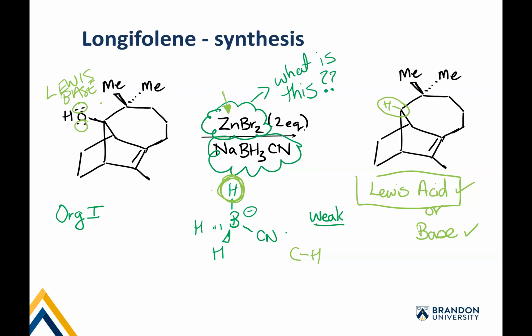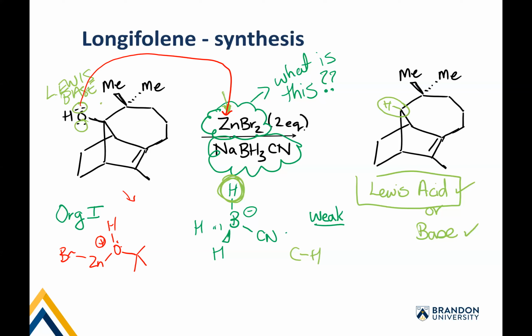So there's some speculation as to what's going on here, and I'll basically suggest it, and then you can tell me why this might be wrong. Okay, so a Lewis base complexes with zinc. You end up with a plus, and we could lose one of the bromines, it doesn't really matter there.